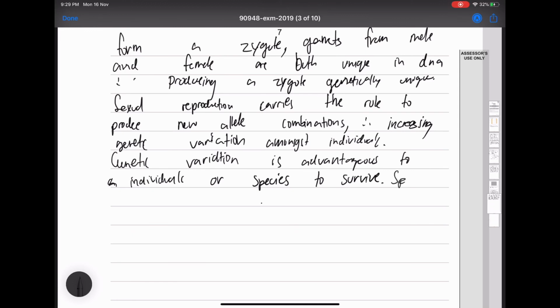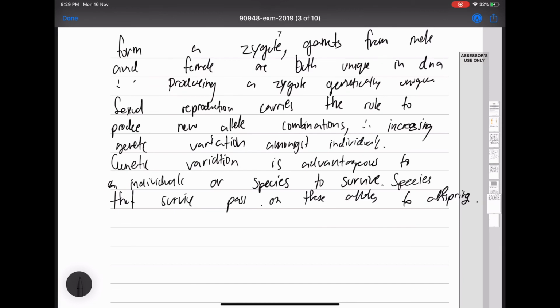Species that survive pass on alleles to offspring.